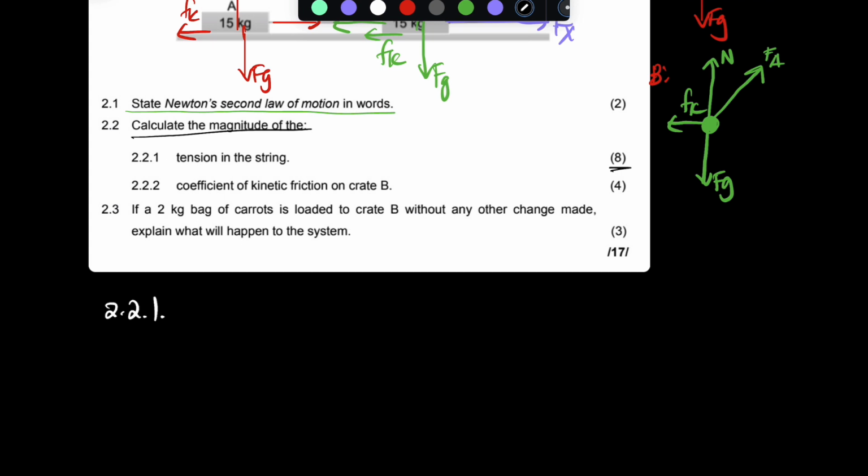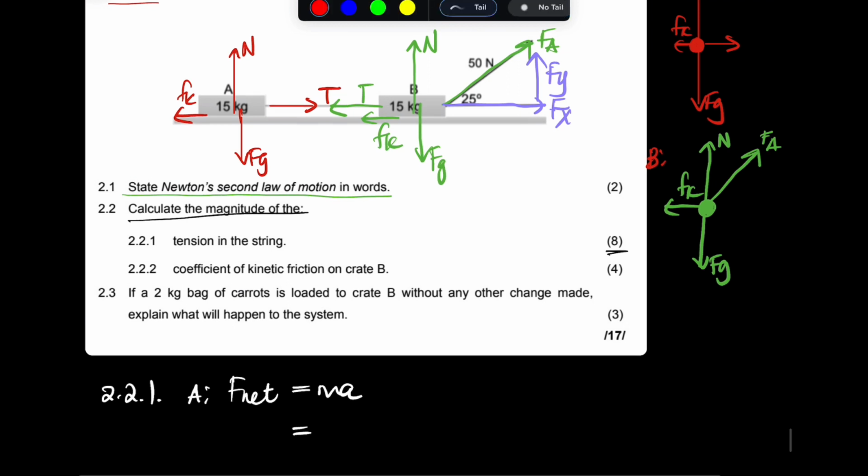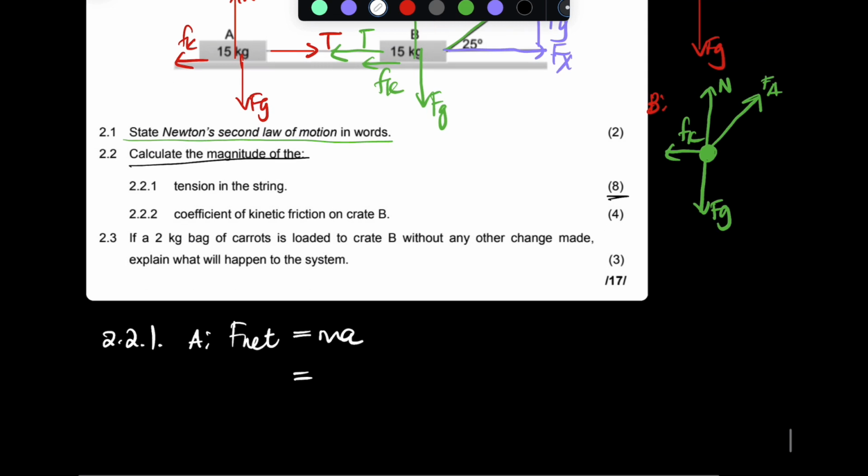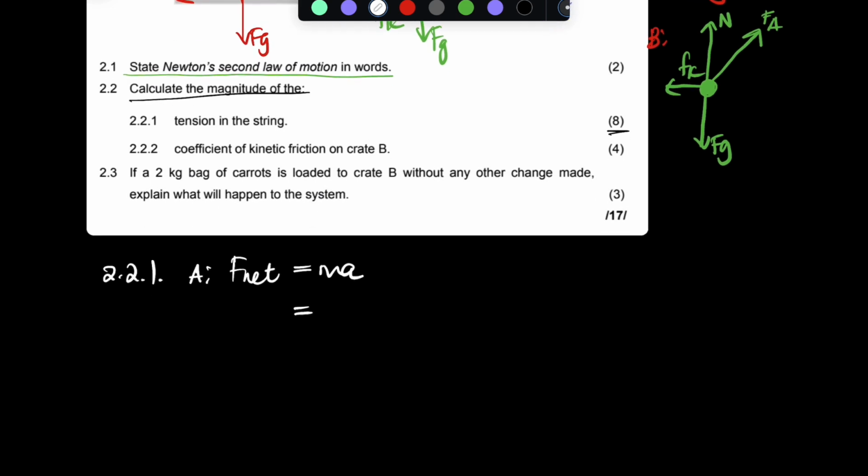So I'll create an equation for both objects. I'll start with object A and say F net is equal to ma. The forces acting horizontally on object A: the frictional force is going to be negative and the tension force is positive.